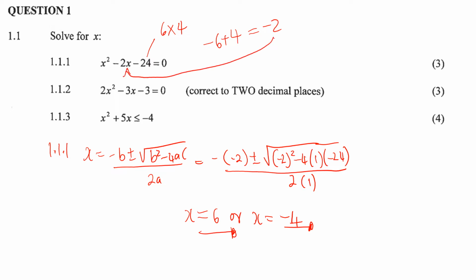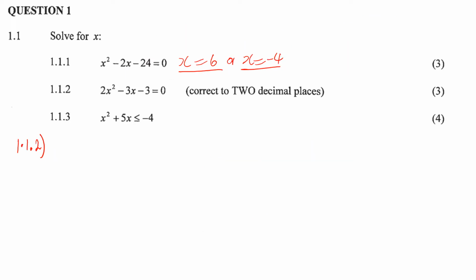So when we factorize, it's going to be x minus 6 and another factor x plus 4 equals 0. Then you'll see x equals 6 or x equals minus 4. But if you don't know how to factorize, please don't stress yourself. Go to the quadratic formula, substitute, get your answer.